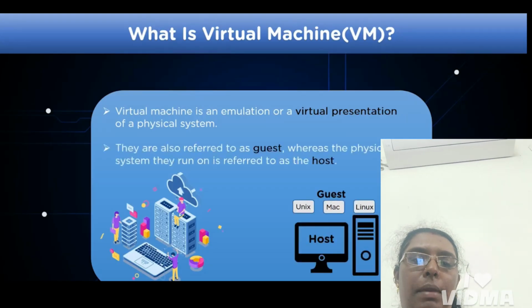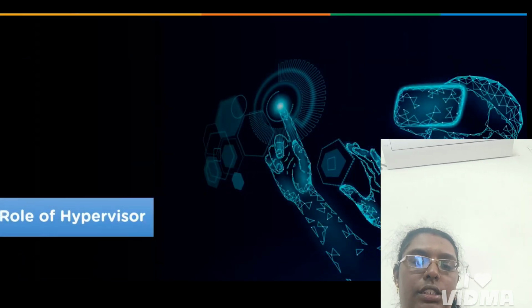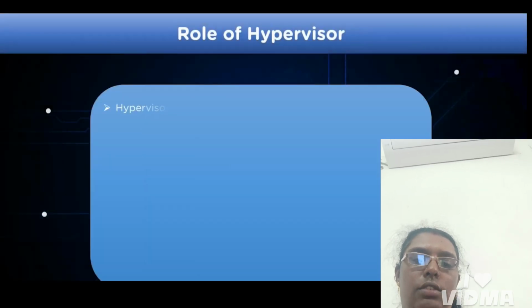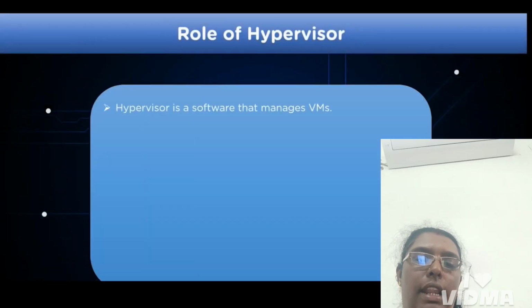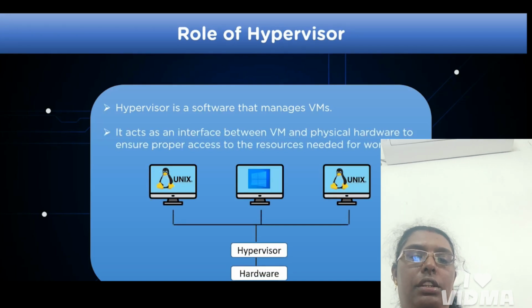The software that makes virtualization possible is known as the hypervisor, which is a software layer that manages the virtual machines. It forms an interface between the physical system and the virtual machine, which ensures proper access to the resources. It also manages the virtual machines so that they don't interfere with each other's resources. If a single virtual machine fails, it will not affect the other virtual machines.